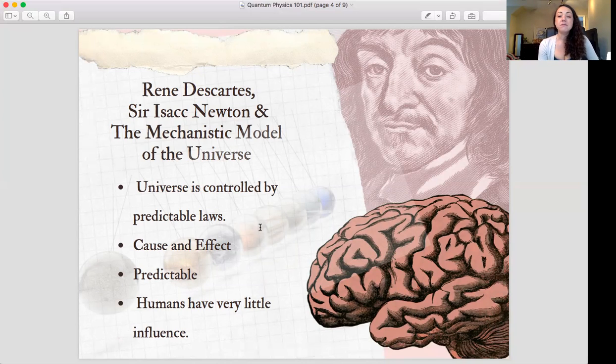And Descartes was a philosopher as well. Newton was a great scientist. And basically, they stated, using the mechanistic model of the universe, that the universe is controlled by predictable laws, right? Things like A plus B will always equal C, cause and effect style laws. This was really introduced by Descartes and then taken further by Newton.